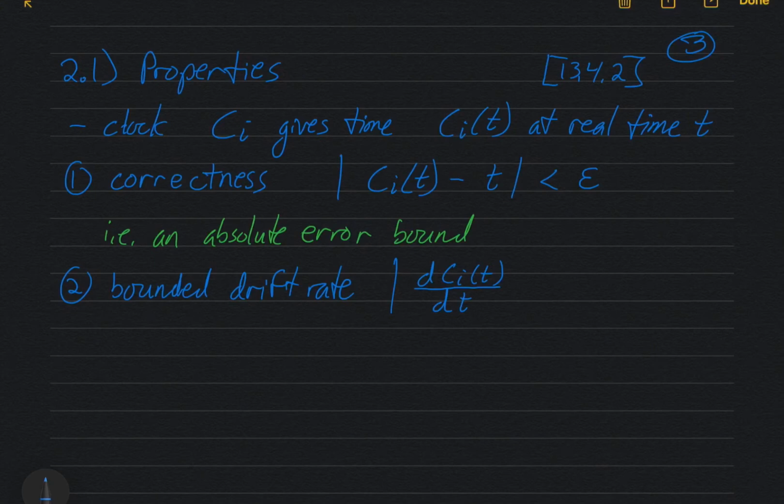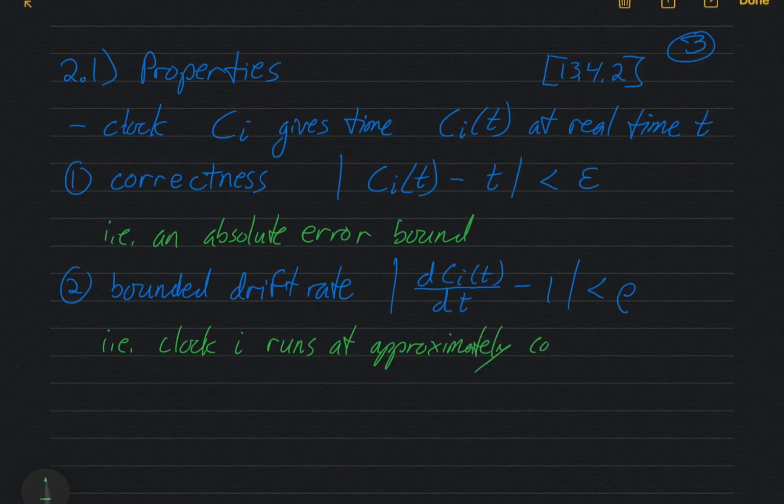And so ideally that would give us a value of 1. So the difference between that and 1 should be less than some bound rho. So in other words, clock I runs at approximately the correct rate.